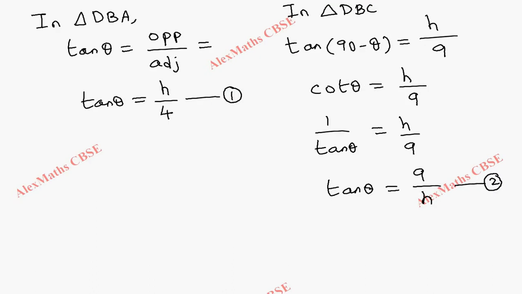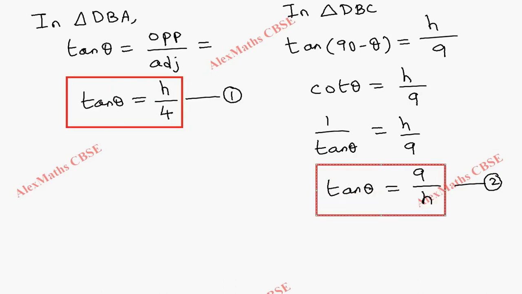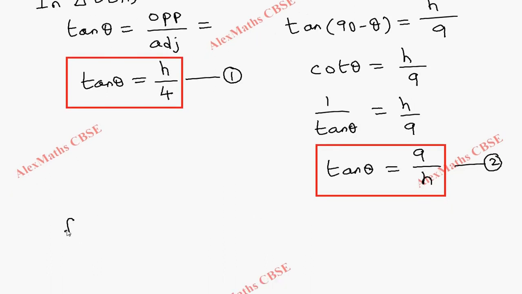Now from these two expressions, we are going to equate the other two sides because both are tan theta. So from 1 and 2, tan theta equal to H by 4. At the same time, tan theta is also equal to 9 by H.